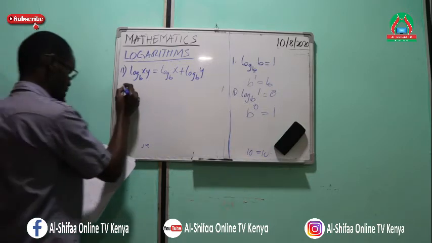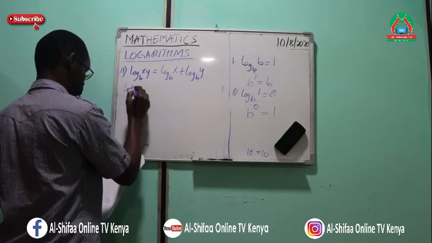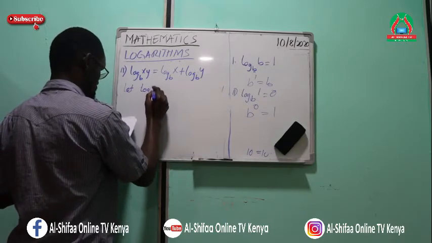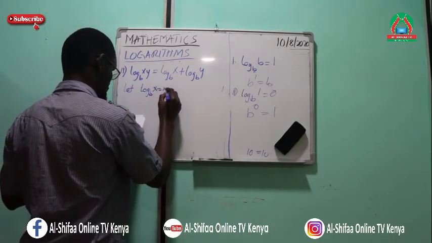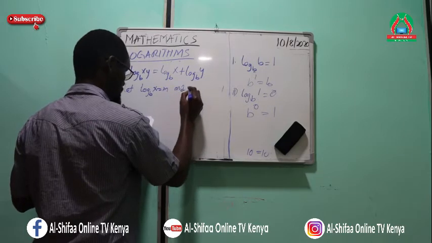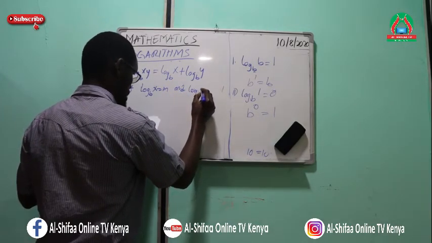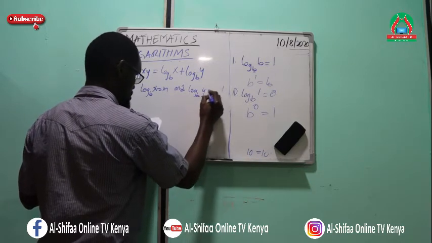Then we say let log to the base b of x be equal to m and log of y to the base b be equal to n.